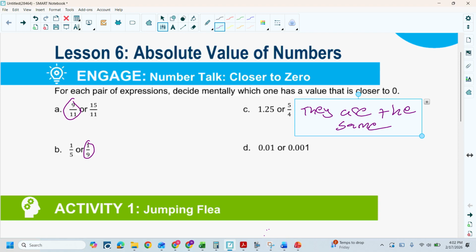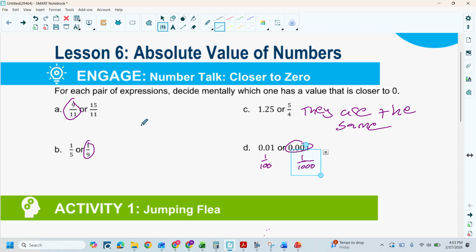And now here, this is 0.01, so that's 1 over 100. And this is 1 over 1,000. And so closer to 0 is 1 over 1,000, because that's smaller. So it's looking for the smaller number each time. And so there we go.